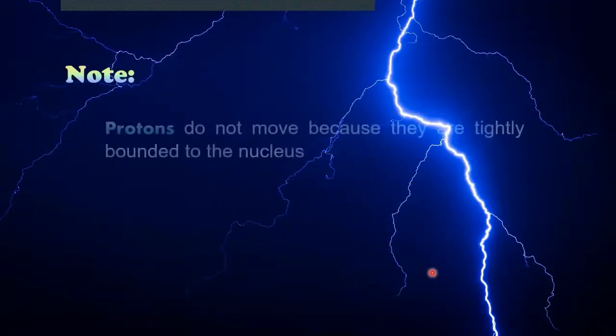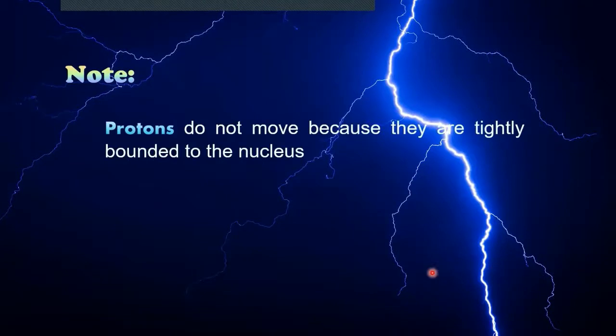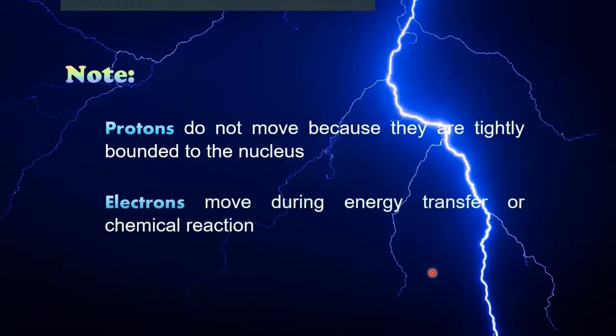Note that protons do not move because they are tightly bound to the nucleus, while electrons move during energy transfer or chemical reaction. The moment we combine one atom to another atom or one element to another element, there is a movement of electrons.